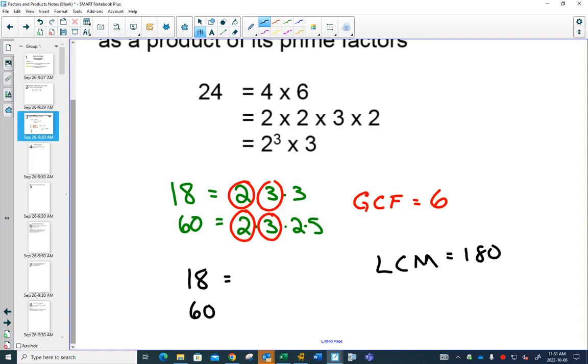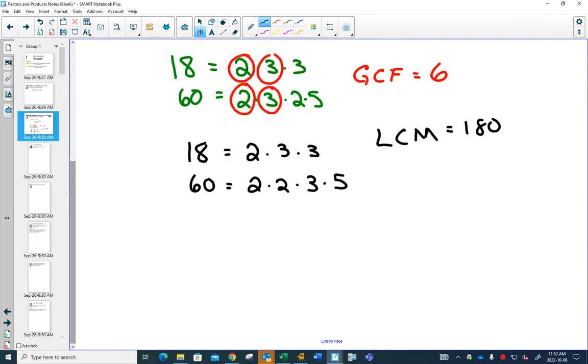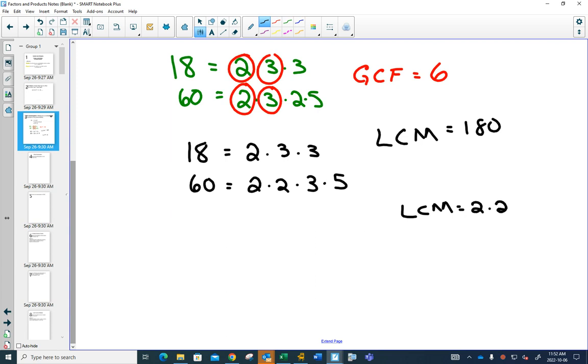We can also use the prime factorization to find it. You look at 2's. This one needs 1 two, but this one needs 2 twos. So for your lowest common multiple, you are going to need 2 twos. What about 3's? This one has 1 three. This one has 2 threes.